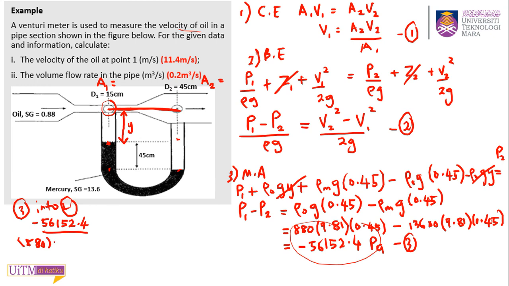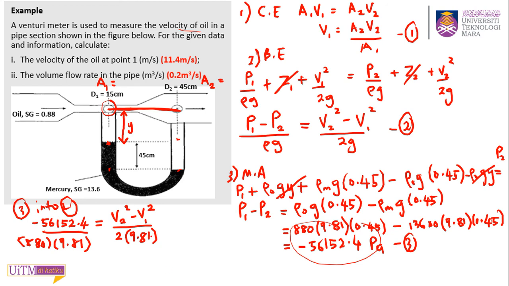So rho of oil times g, 9.81, and this equals V2 squared minus V1 squared over 2 times 9.81.